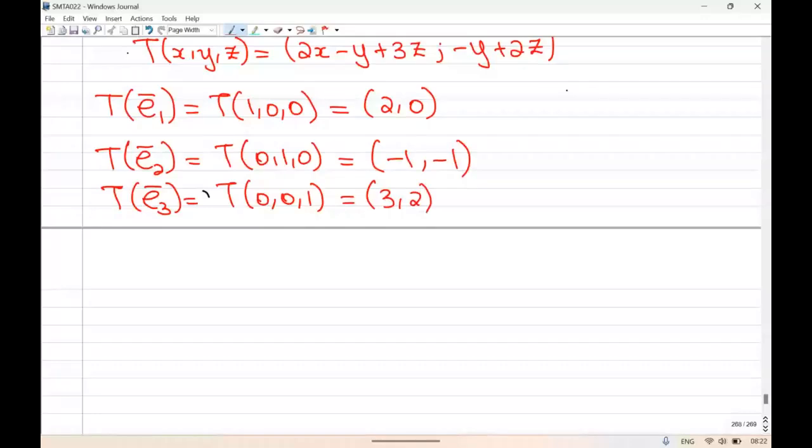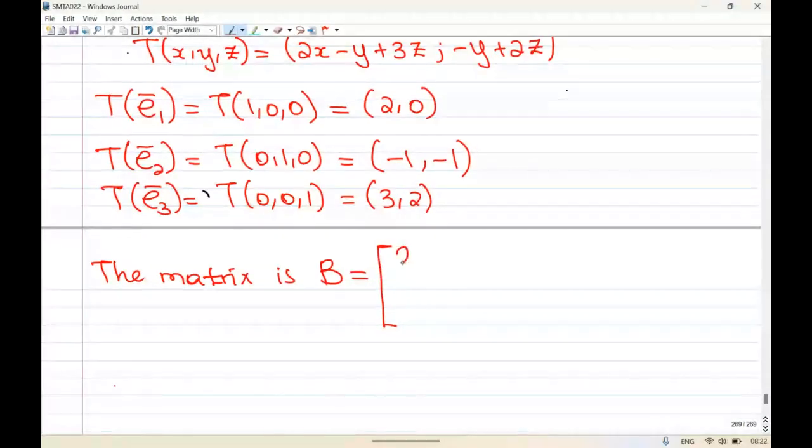Then now, the matrix. Let's say now you say the matrix, let me say is the matrix B. Your matrix B will be equal to 2 and 0.